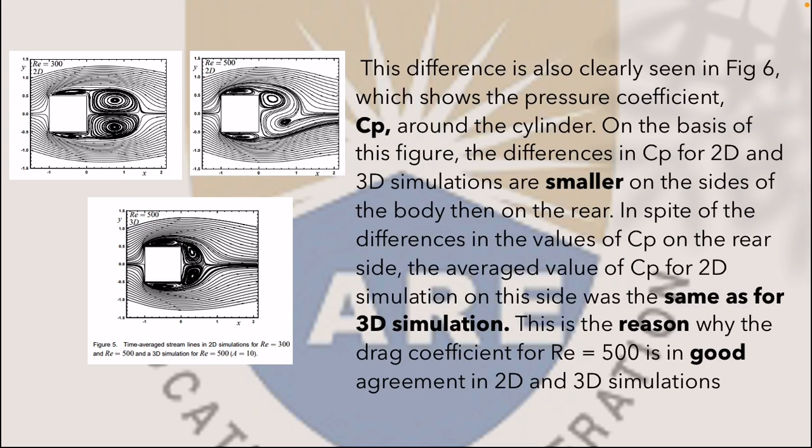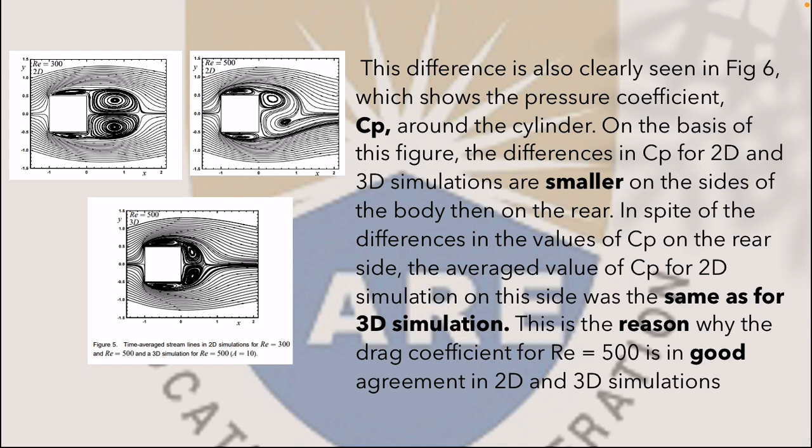This difference is also clearly shown in figure 6, which shows the pressure coefficient around the cylinder. On the basis of this figure, the difference in Cp for 2D and 3D simulation is smaller on the sides of the body than on the rear. In spite of the differences in values of Cp on the rear side, the average value of Cp for the 2D simulation on this side is the same as for the 3D simulation.